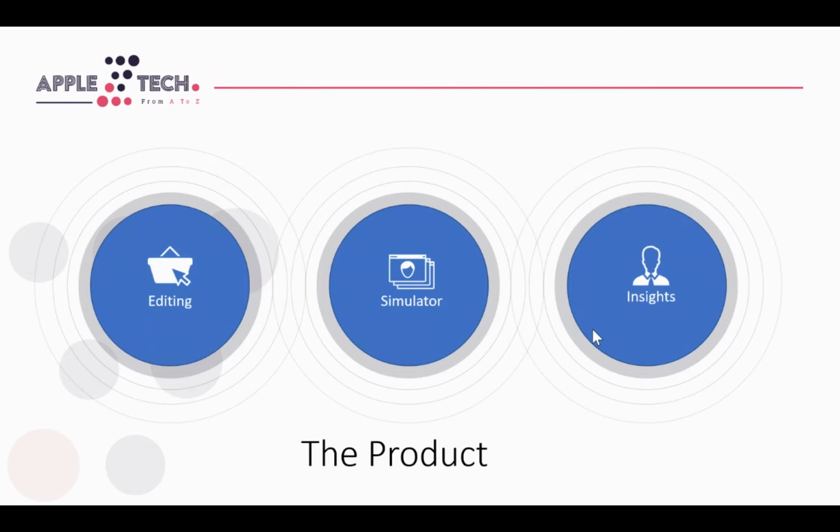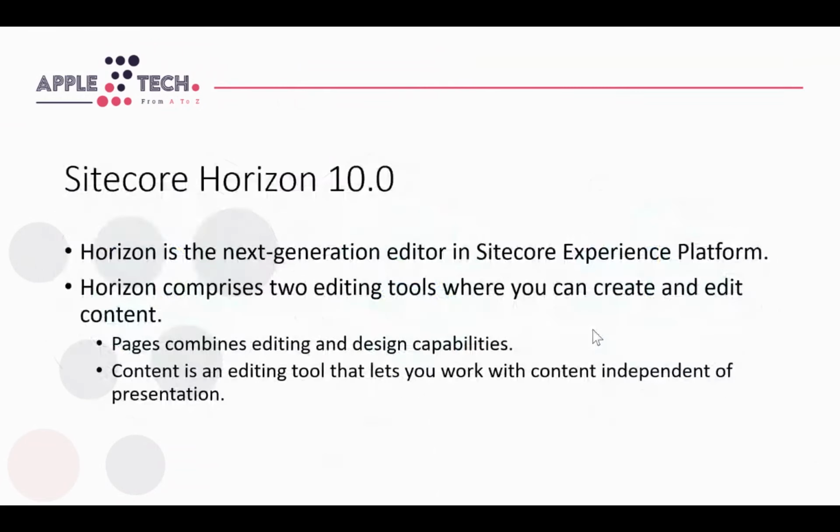So in a nutshell, Horizon is the next generation editor of the Sitecore Experience Platform. And what they mean by that, since it's an editing tool, is that our focus is both on pages and content and the editing part of it.